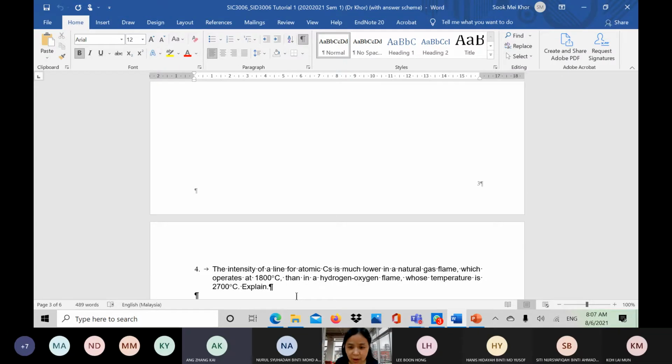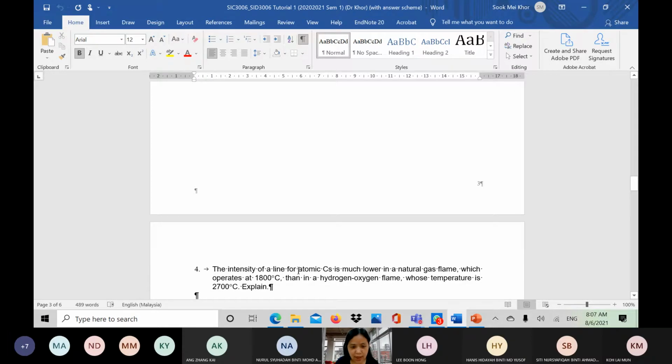But not in the case of AES. In AES, the flame temperature has a strong impact on the population of excited atoms, from the ground state to the excited state. So that is important. We know that this question is related to AES because it has a comparison between the flame temperature, the energy source temperature. And for this case, cesium is the target analyte that we want to determine, right?